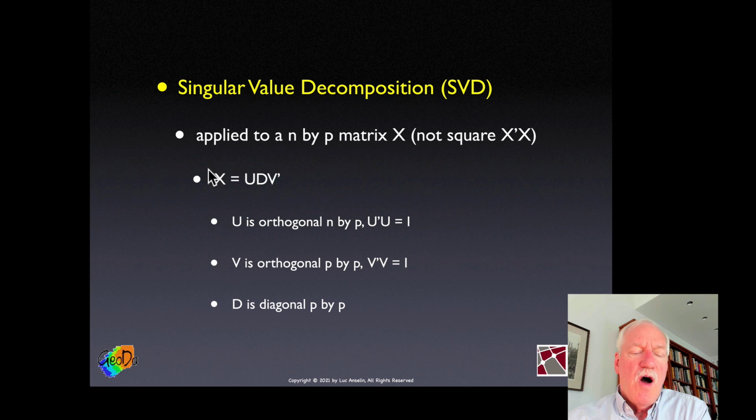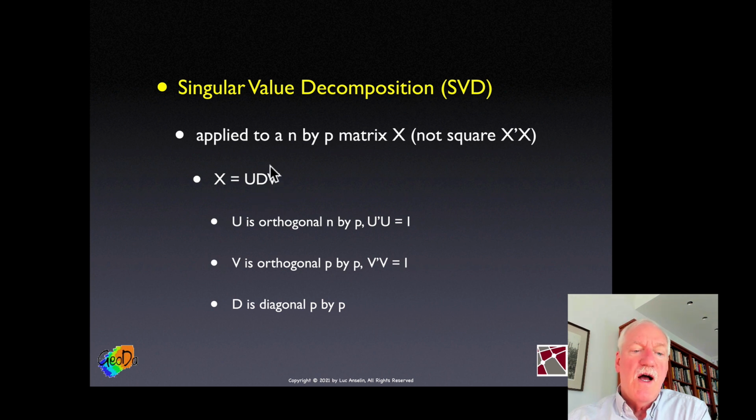So the operation that is involved when you multiply a vector by this matrix can be decomposed in particular actions associated with each of these matrices: rescalings, reprojections, and re-rotations. So U is n by p, D is diagonal p by p, V is square p by p. Okay. Now, how does this help us?